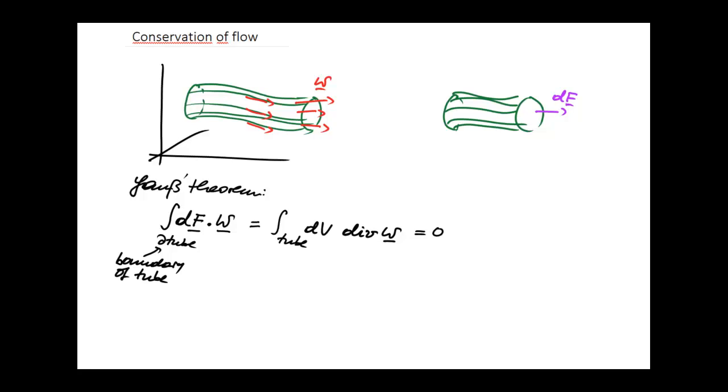So here it's pointing to the right, here on the sides it's pointing perpendicular to the surface, and here at the bottom it's pointing to the left. As for the bottom, we can define a vector pointing in the opposite direction. Let me call that df prime. This is simply minus df, so that at the bottom we also have a vector pointing to the right.